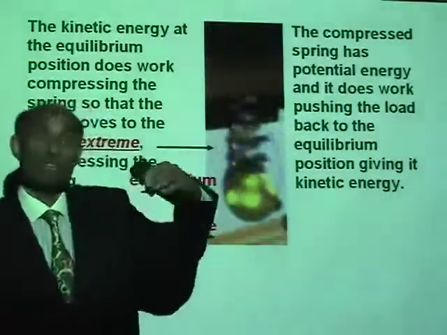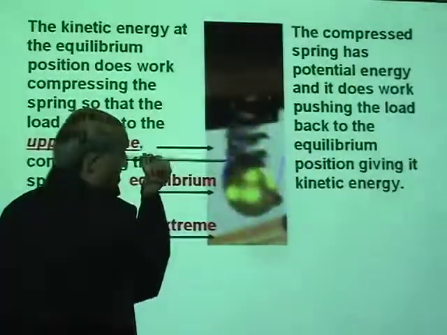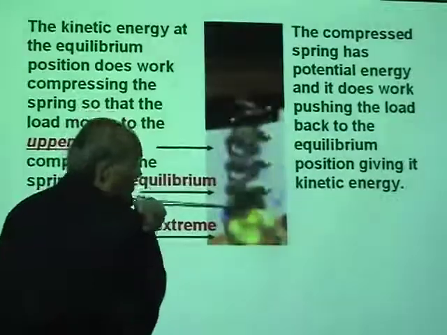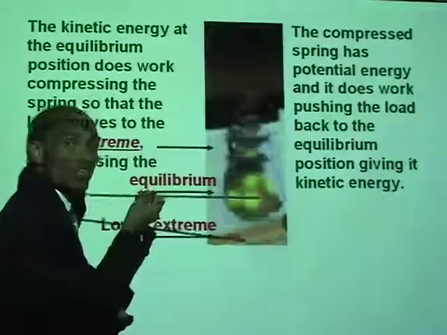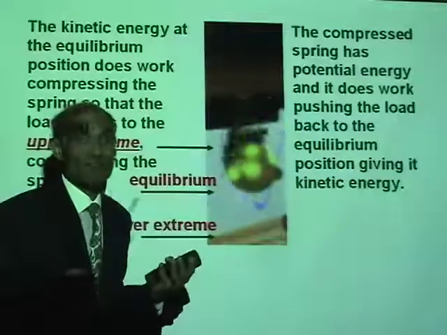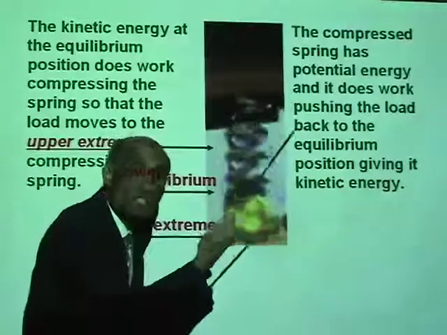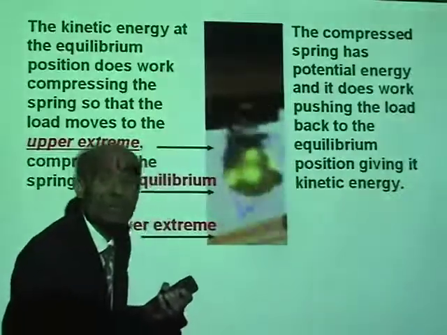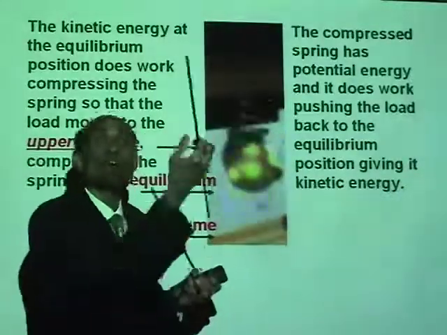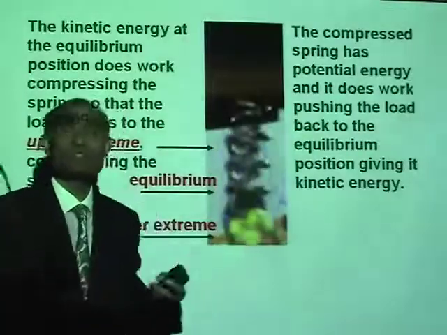That means the load now rushes back to the equilibrium position from here. But when it comes back to the equilibrium position, can it stop there? No. Why not? Because it has a speed, and its speed takes it to the lower extreme, and when it does so, it will stretch the spring, giving the spring potential energy.